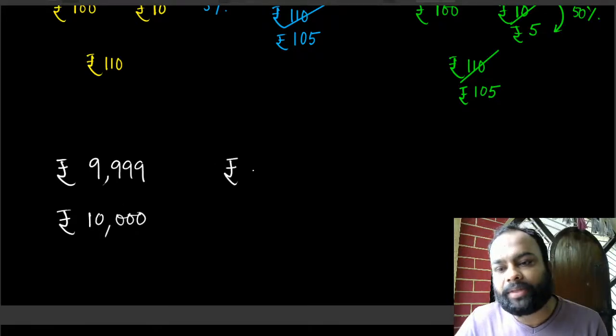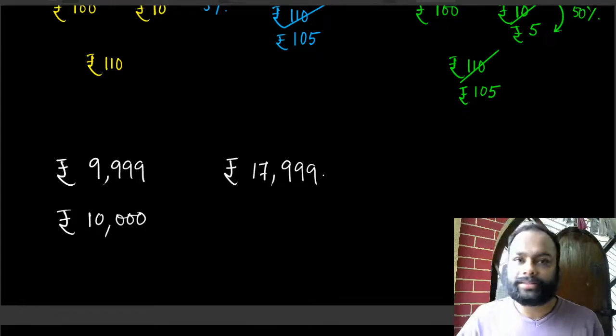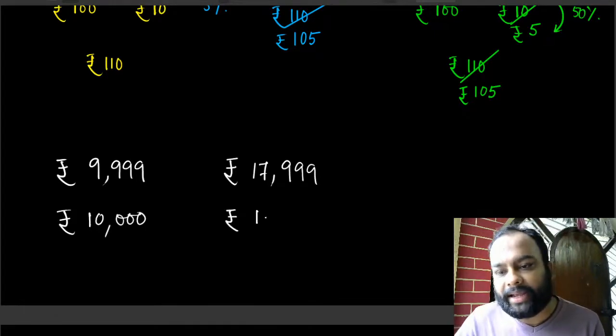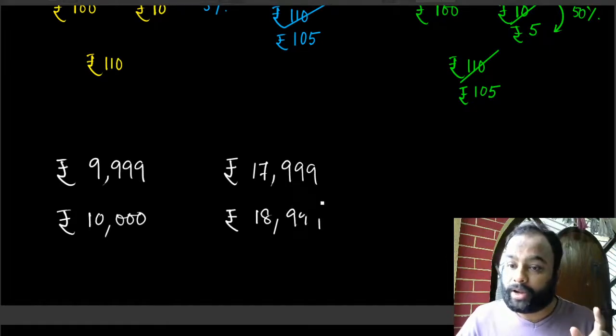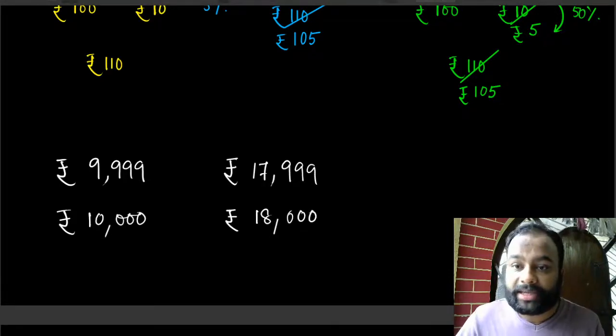Maybe you are buying something and that costs 17,999. Same idea here. Instead of saying 17,999, if I say 18,000, now the philosophy is somewhere else. The philosophy is in the larger digits.